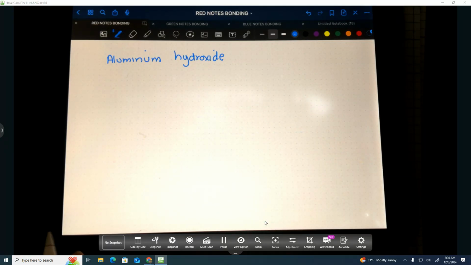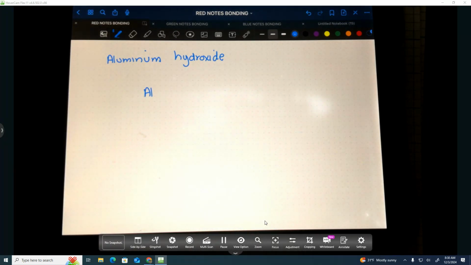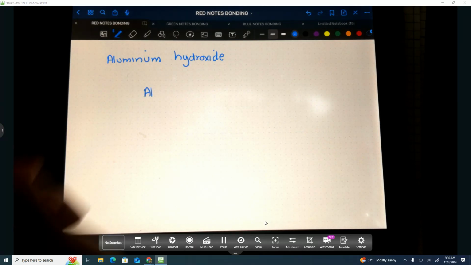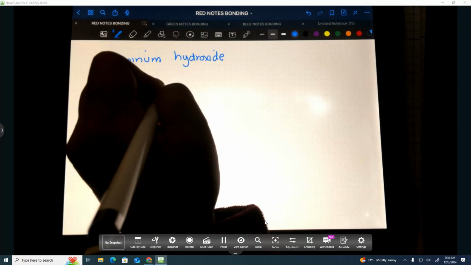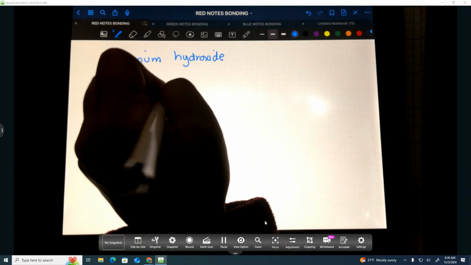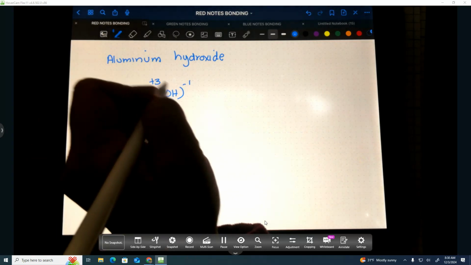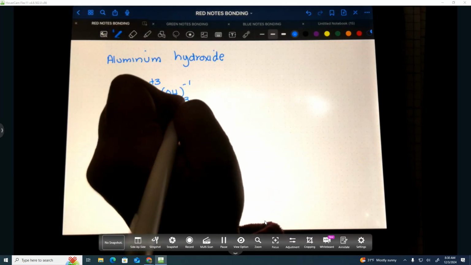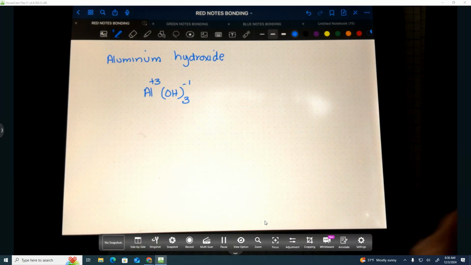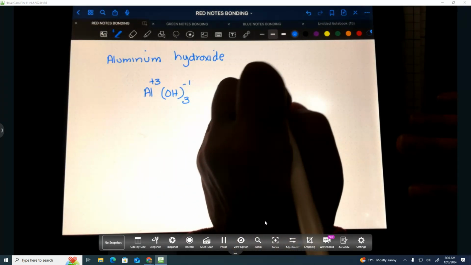Okay, we got a formula. Aluminum. Plus what? 3. Hydroxide is OH with a -1. Don't forget to cross your subscripts down. See, this gets a 3 over here. So our formula looks like this. AlOH3.